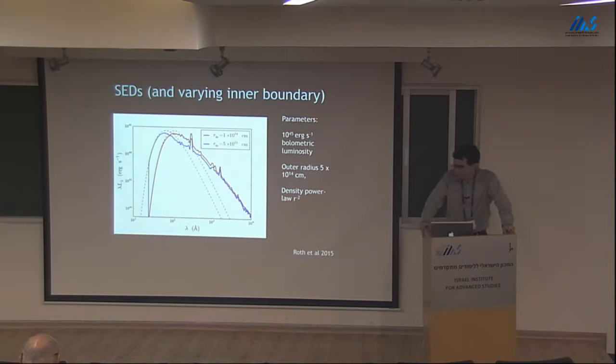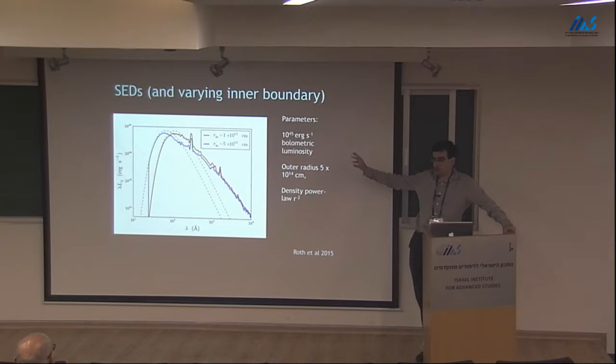So here are some spectral energy distributions that we get coming out of our calculations. On the horizontal axis is wavelength, covering all the way from 10 angstroms to 10 to the 4 angstroms. Lambda L lambda in ergs per second is on the vertical axis. The two dashed curves are two different inner X-ray spectra that we put in that correspond to different locations of that inner radius.